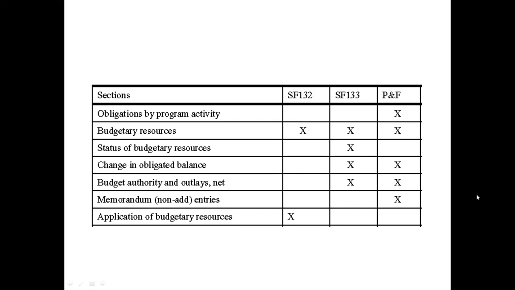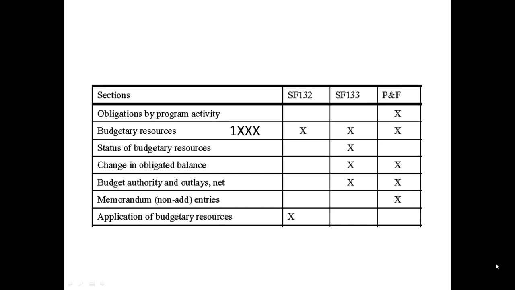Now that we've talked about the two types of non-expenditure transfer and have seen a sampling of legislative authorities, let's take a look at how we present expenditure and non-expenditure transfers in the SF-132, or apportionment, the SF-133, or report on budget execution, and the program and financing schedule in the President's budget.